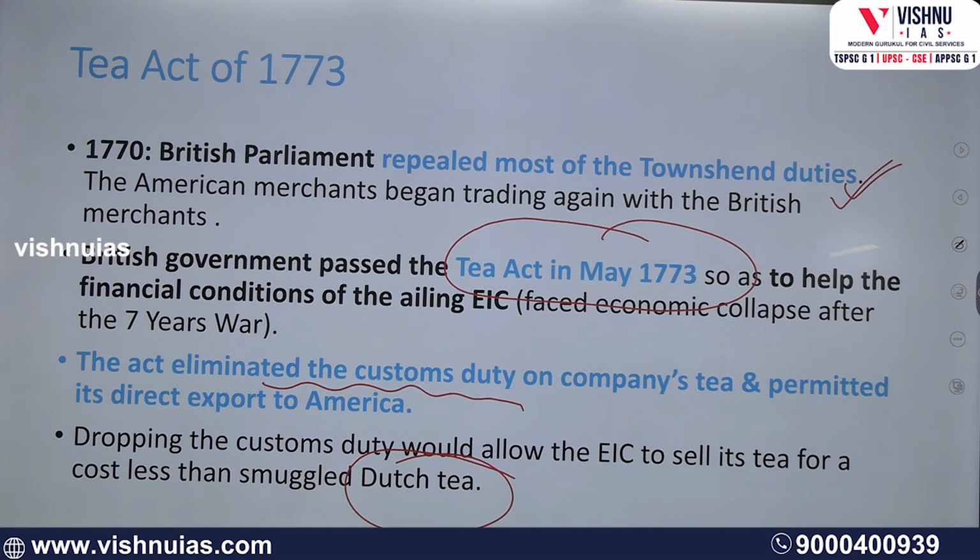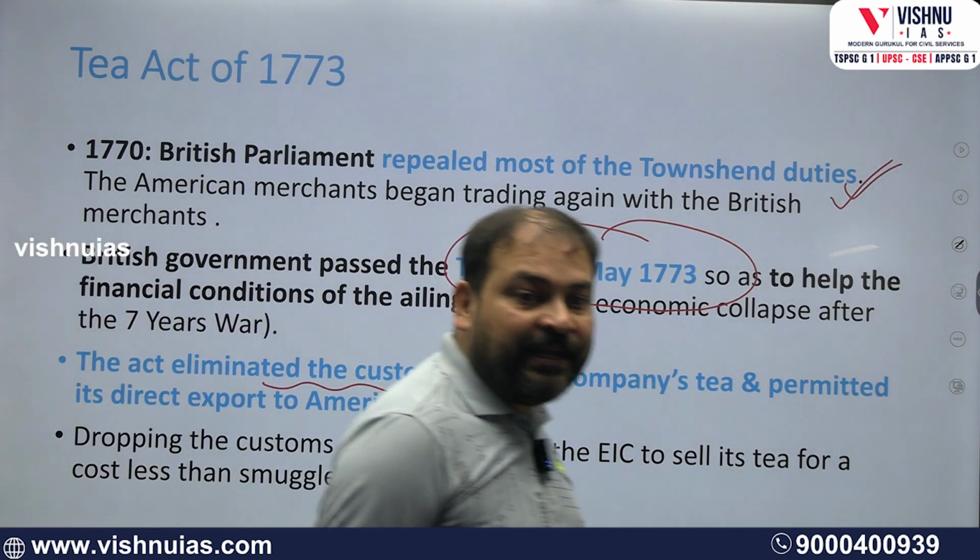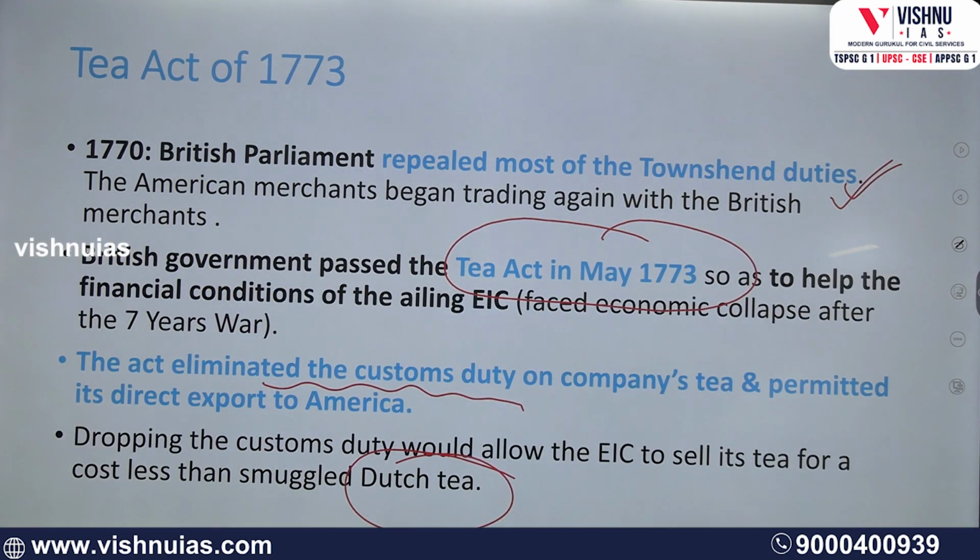Guys, if you all remember, we had studied a topic called the Regulating Act of 1773. That all is because the British East India Company was suffering. Ailing East India Company.